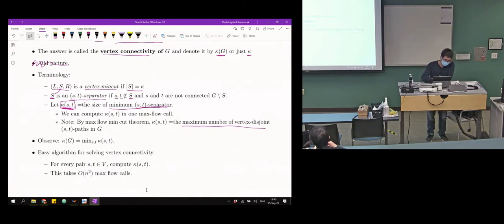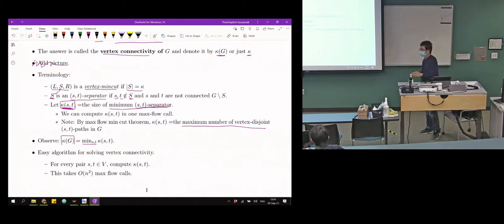And just from the definition, we can see that the vertex connectivity of a graph is literally the same thing as minimizing over all S and T of kappa ST, because you basically want to disconnect some pair S and T, and you're minimizing over all pairs.